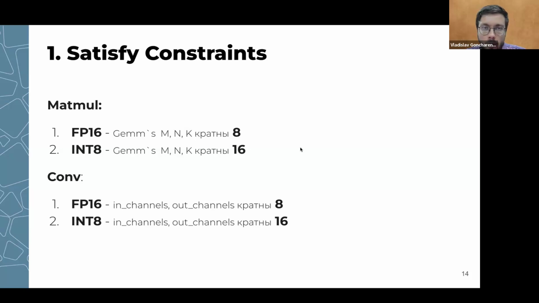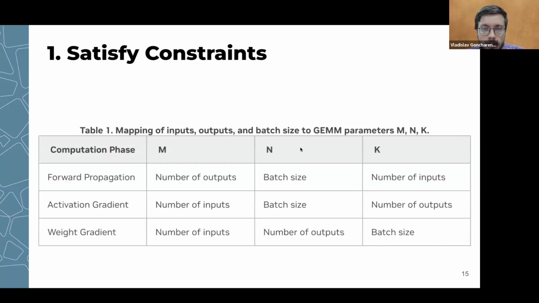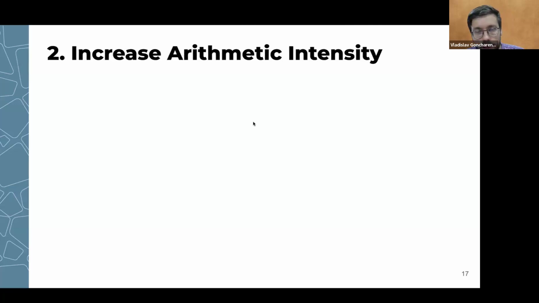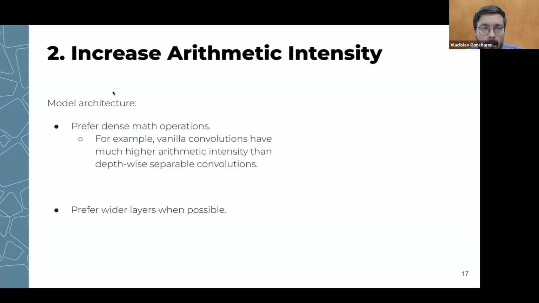When we satisfy these constraints, our operations go better. So we have M, N, and K, and different meanings here. If we talk about convolutional layers, we also have this model.